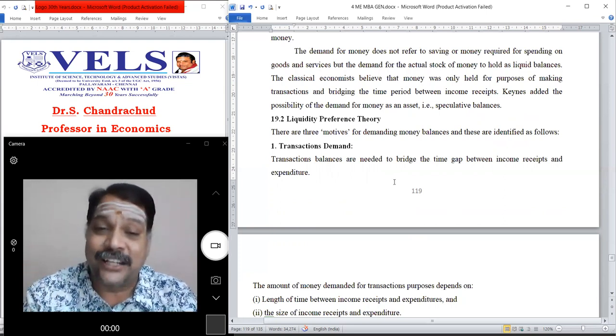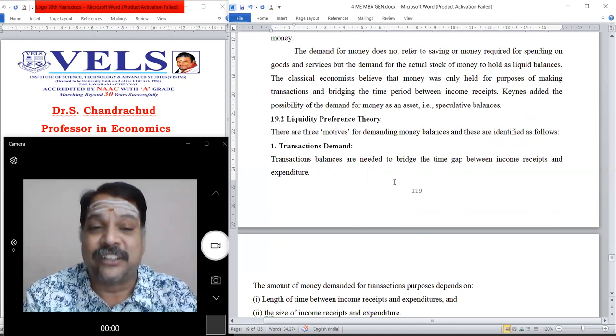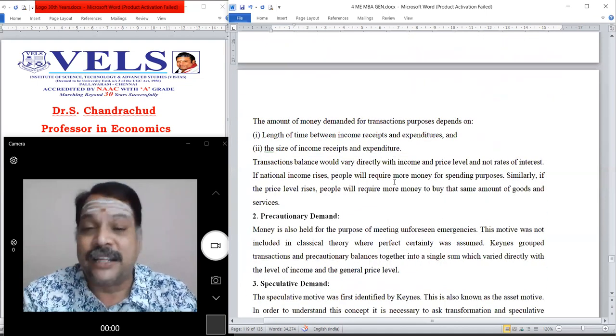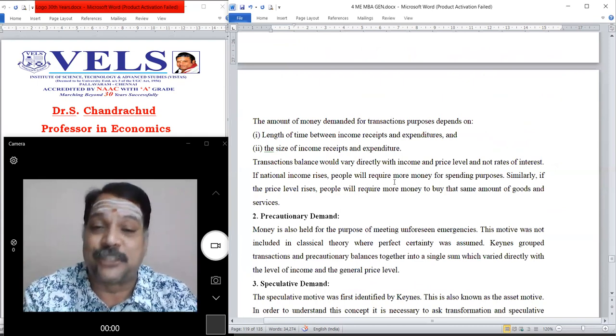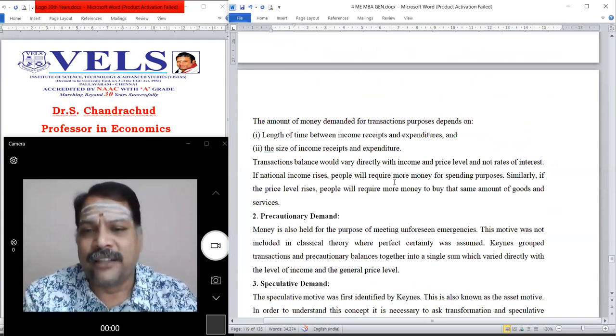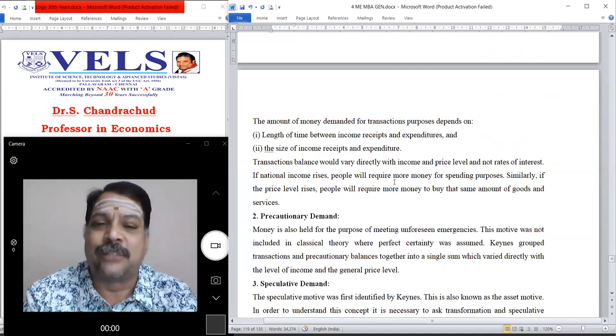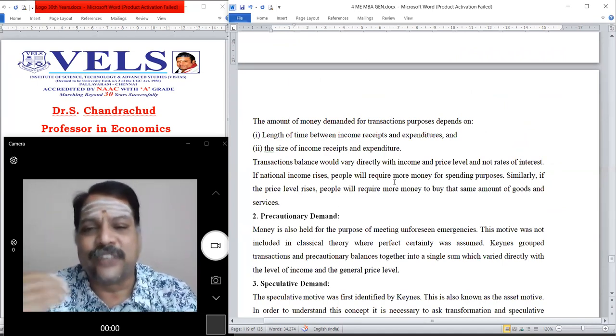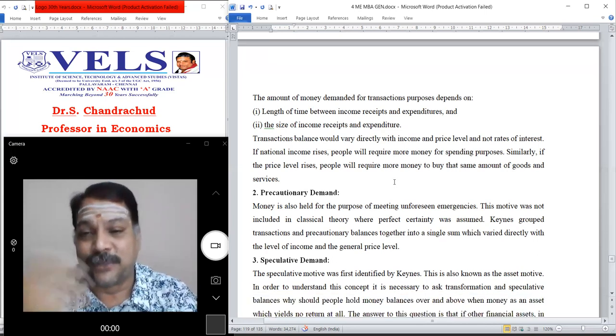Transaction balances are needed to bridge the time gap between the income receipts and the expenditure. The amount of money demanded for transaction purpose depends on either the length of time between the income receipts and expenditure, or the size of income receipt and the expenditure.